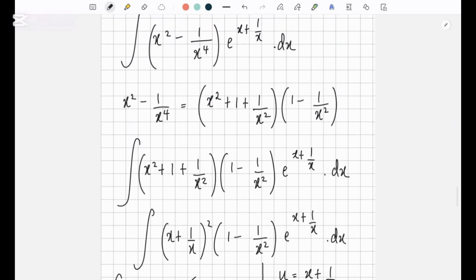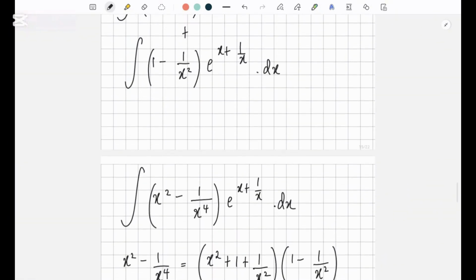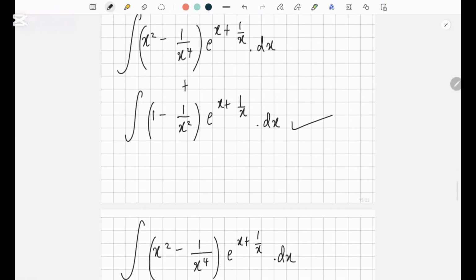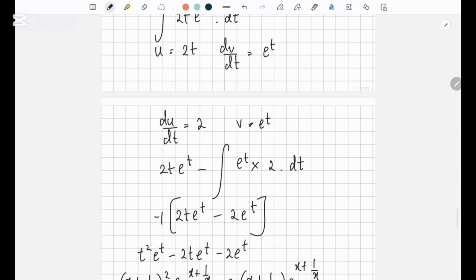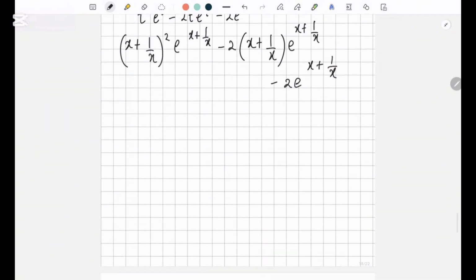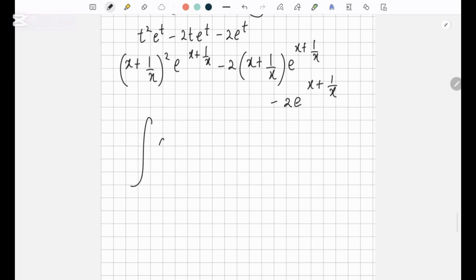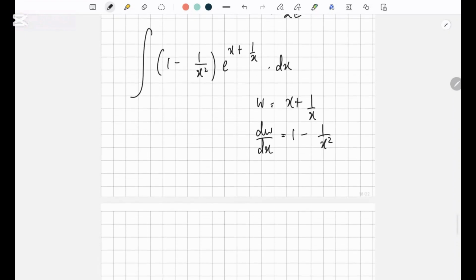Now this is one part of the answer, and the other part of our final answer is this integral, which I told you guys is really easy to do. So let's go for that now. That would be the integral of 1 minus 1 over x squared into e to the power x plus 1 over x dx. Let's take a substitution of w equals x plus 1 over x. dw over dx equals 1 minus 1 over x squared.